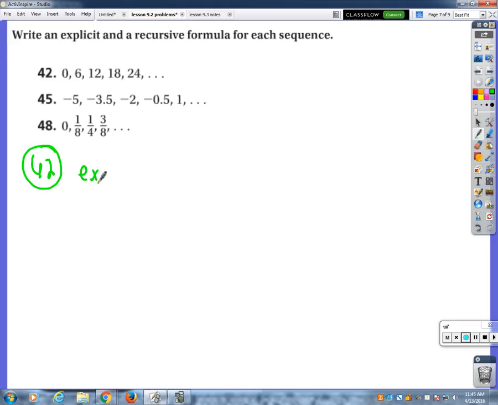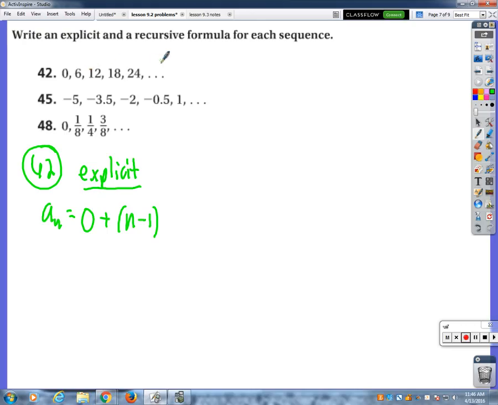So for the explicit formula, we start with the first term, which in this case is 0, plus always n minus 1 times the common difference.